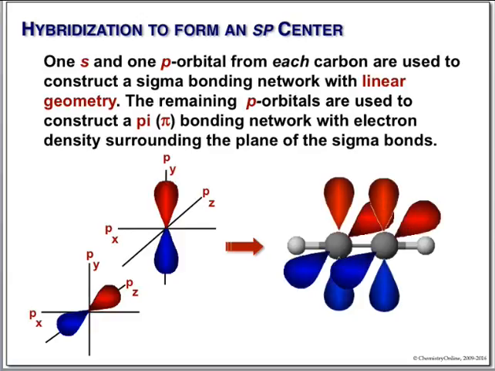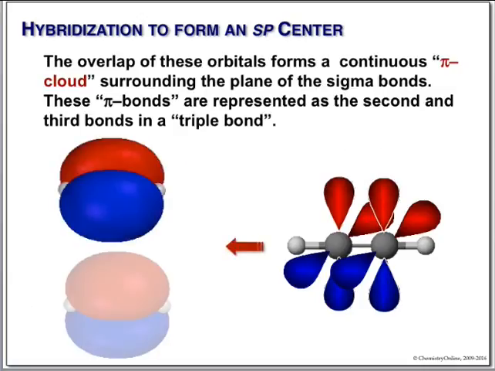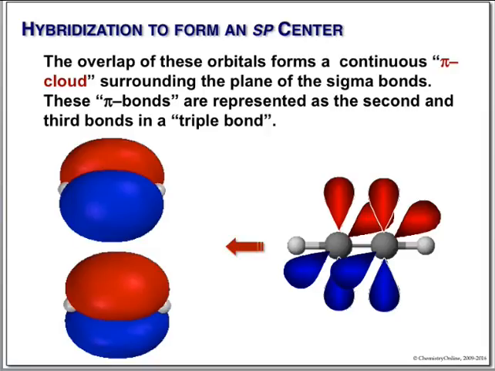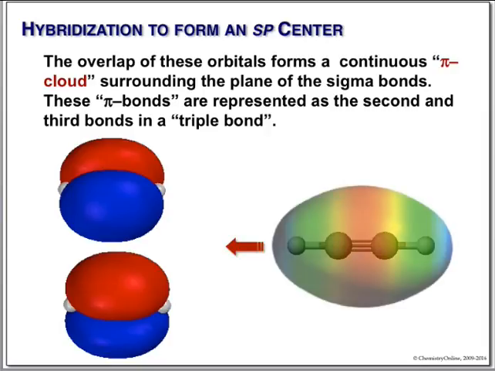And so we get two pi bonds formed. One this way, one that way. In reality, they all combine into one big mess surrounding the two carbons. One real, two pi bonds, and it looks like that.